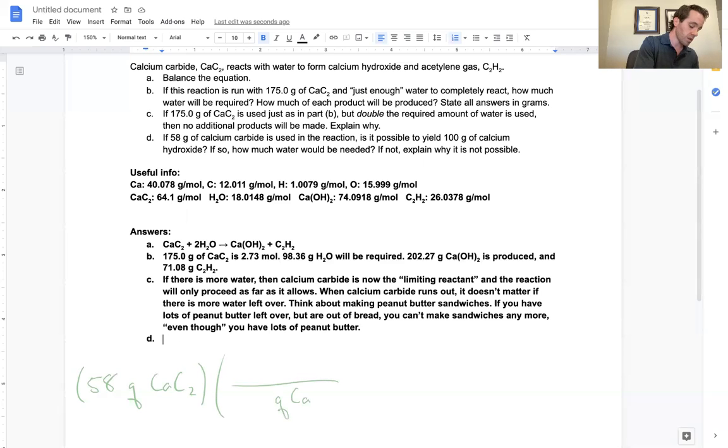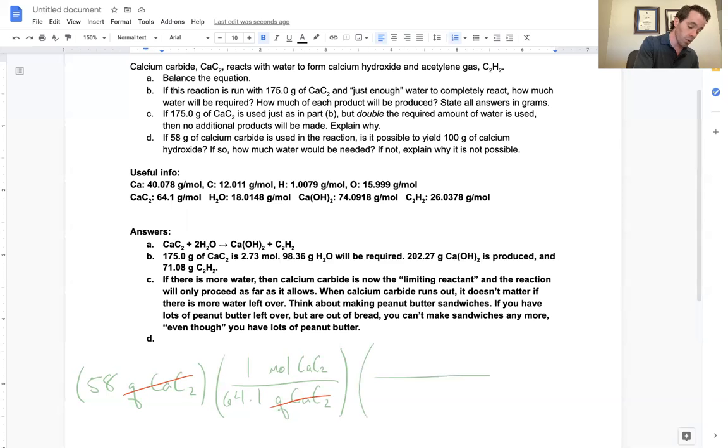So grams of calcium carbide and moles of calcium carbide. Those units will obviously cancel. Now I'm using the molar mass of the calcium carbide. That's 64.1. So those are going to cancel again. Go for the gold, do all the conversions at once.